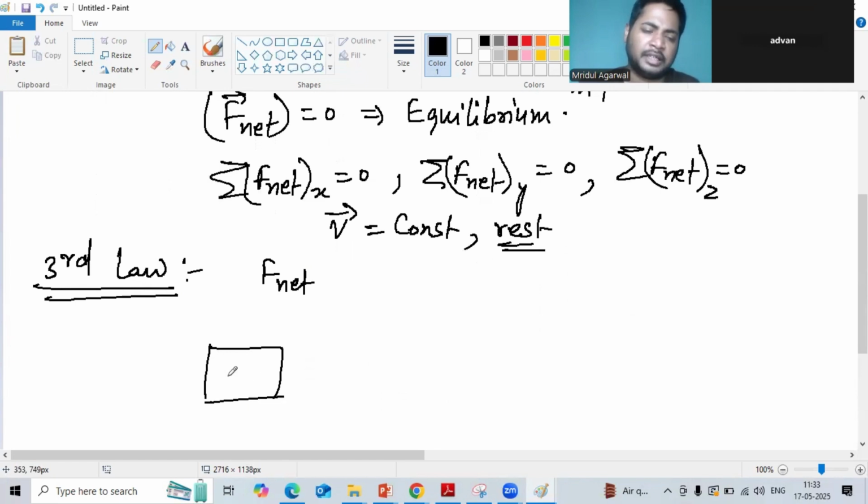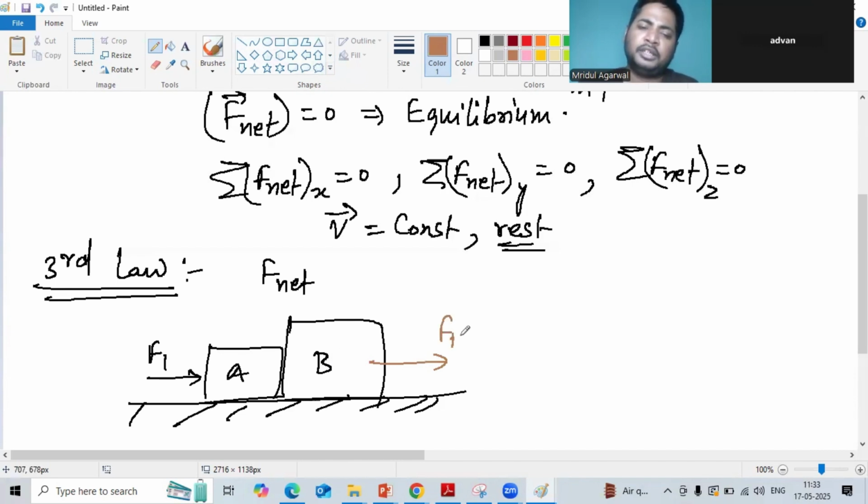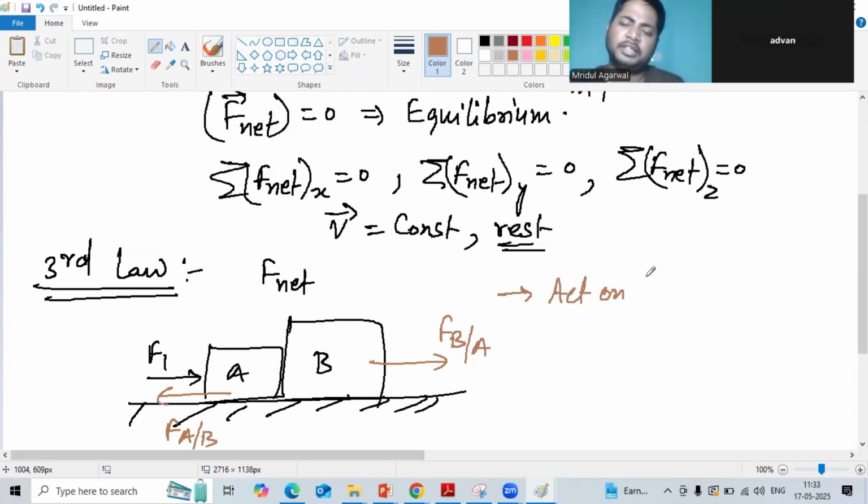Suppose there is a body A and a body B. If they are in contact and I apply a force F1 over here, A will apply a force on B in the rightward direction, so it will act like this. That is the force on B due to A, and similarly the force on A due to B would be leftward. These are equal and opposite in nature, and they act on different bodies. Remember that they act on different bodies.